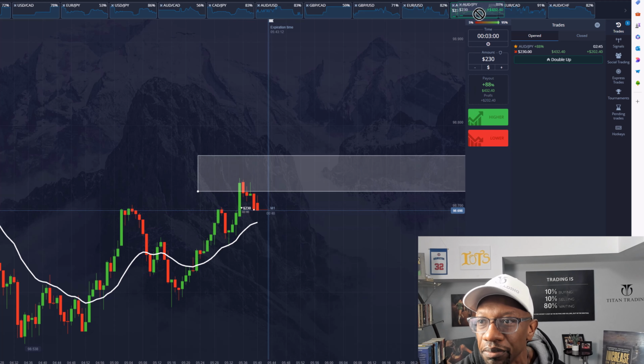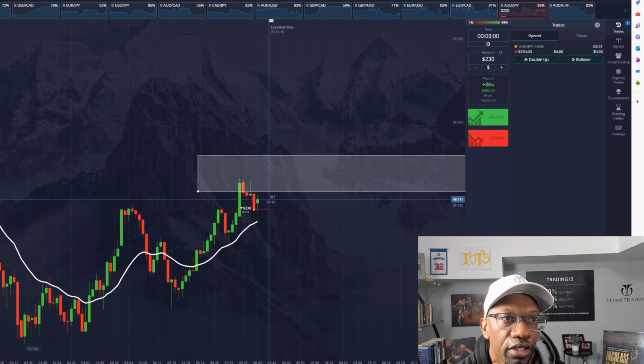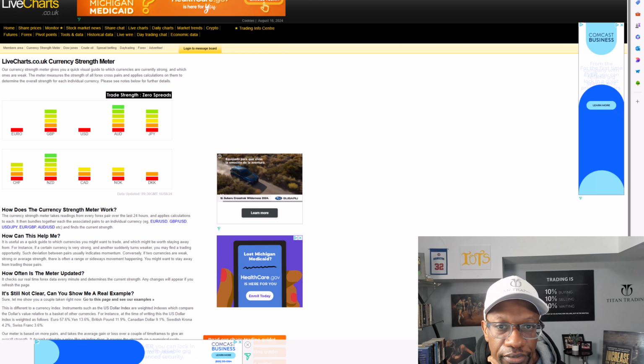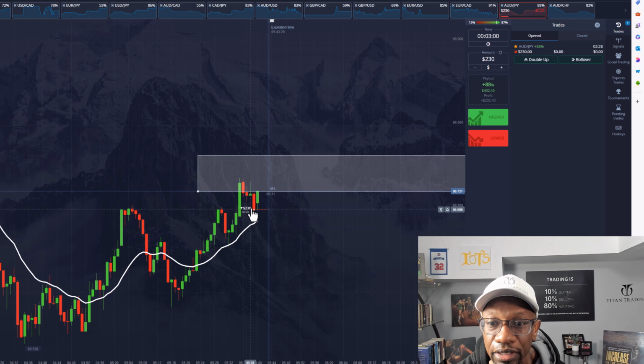And we can see some yen strength here for a few bars. Let's check the meter. Not much has changed. They're still pretty close. So we are dependent on price action. And we need to see some rejection here.